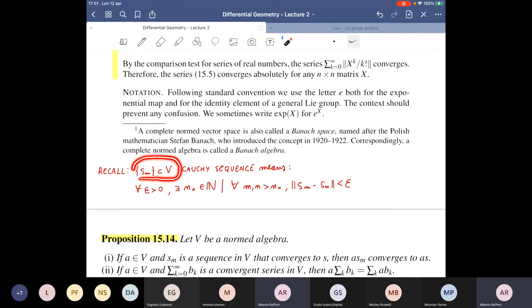Well, you have a sequence inside your algebra V. You call it a Cauchy sequence if for each epsilon positive, there exists some natural number n naught, such that for all natural numbers m and n greater than n naught, the norm of the difference between the term Sm and the term Sn of the sequence is bounded above by epsilon. This is the analog of the definition of Cauchy sequence that you can give for real sequences.